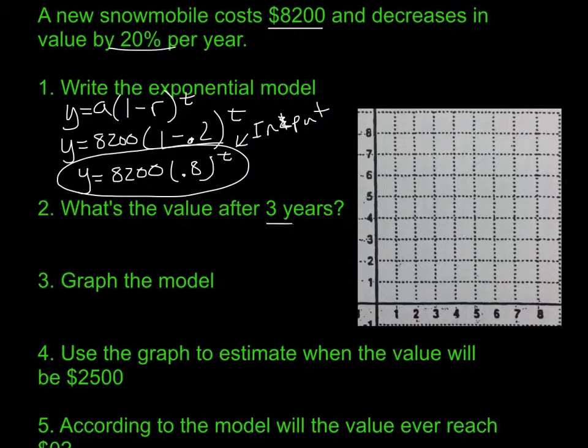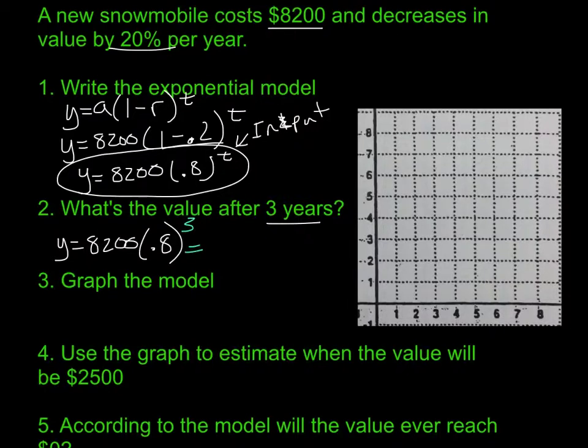And so follow-up question, what's it worth after 3 years? Well, I can just take my model here, 8,200 times 0.8, and this time I am going to input a 3 to it, because that's the number of years I want.